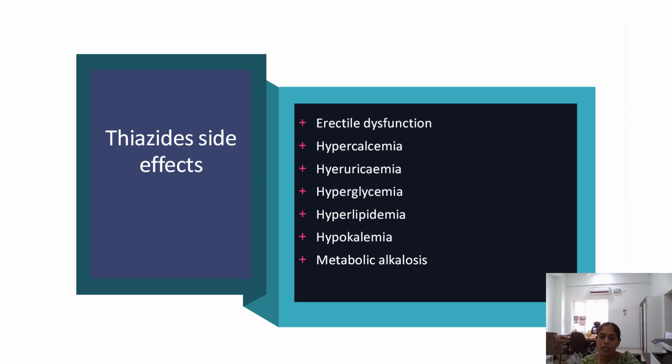And also it can cause hyperuricemia. Why is this hyperuricemia there? Because in the proximal convoluted tubule, thiazides are secreted via a transporter called the organic anion transporter.